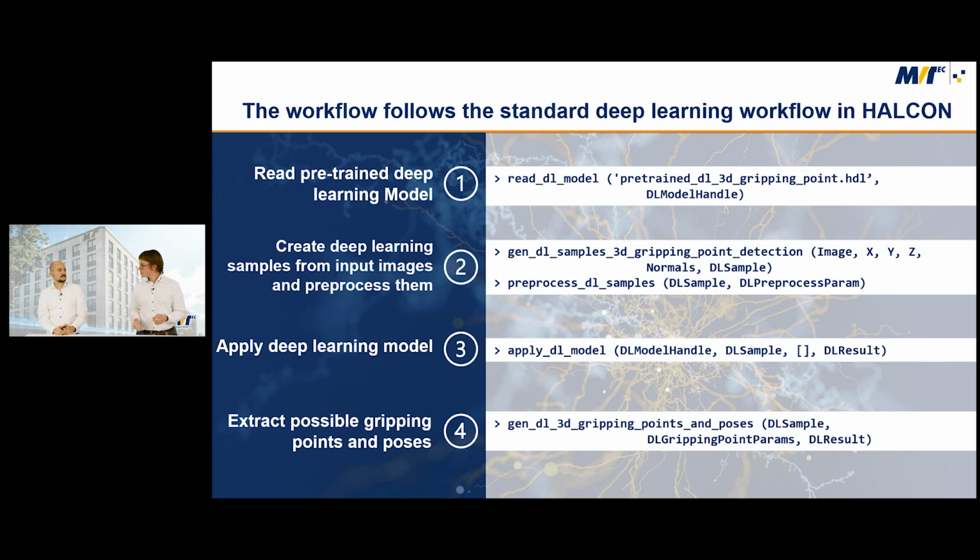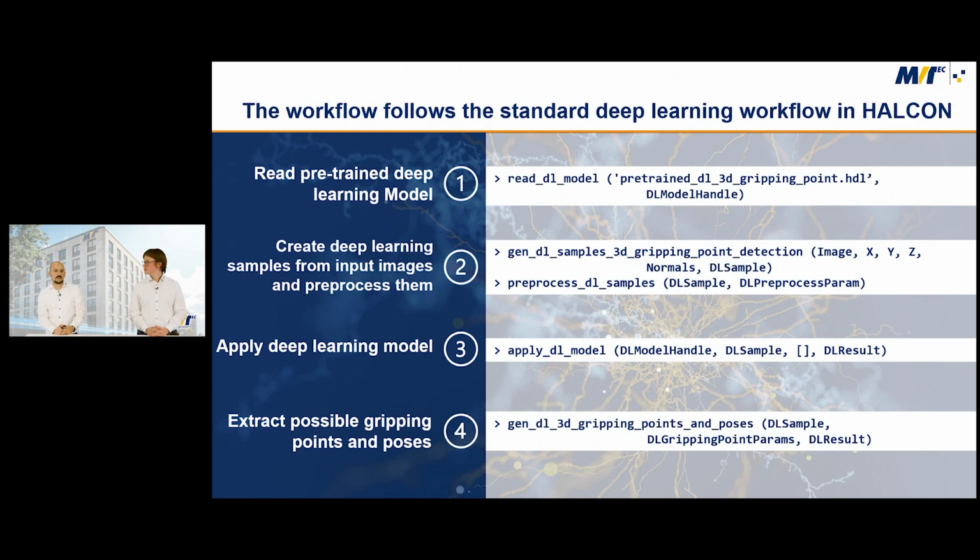But Mario, does our customer who wants to use deep learning gripping point detection need a deep learning license for that? No, actually not. This new technology, the 3D gripping point detection, will be provided in the 3D module of HALCON. So a bundle license or a 3D license is enough to use this technology.